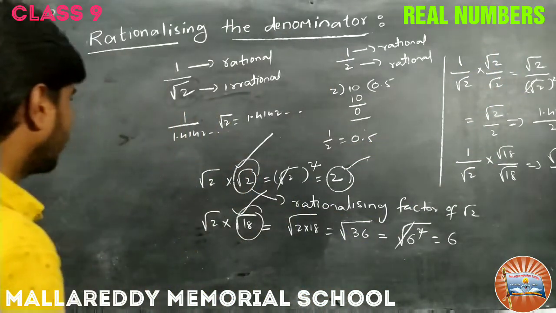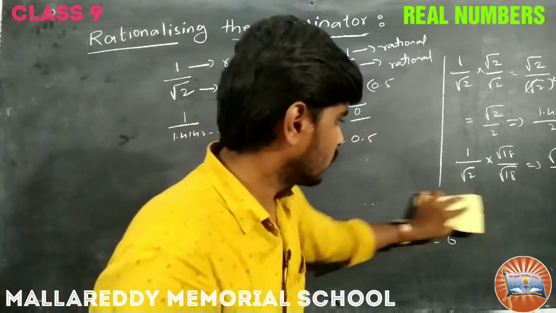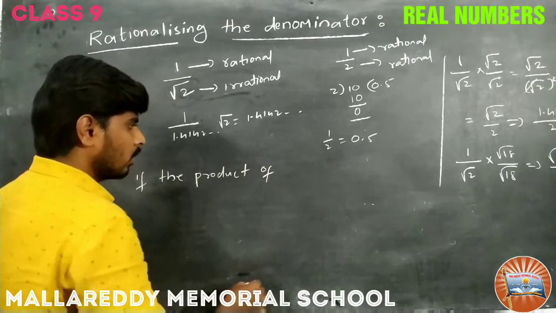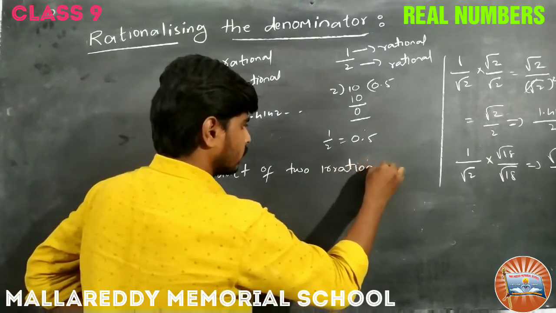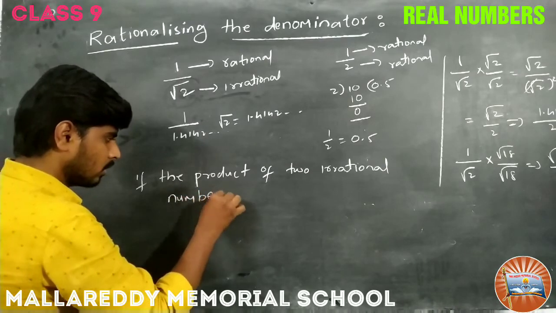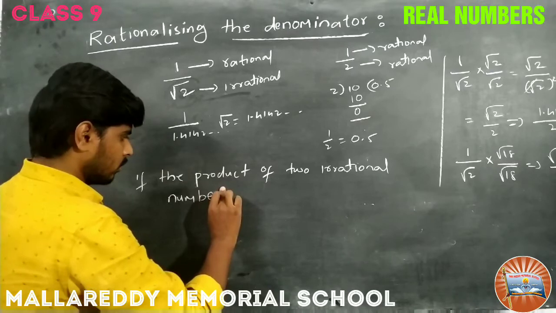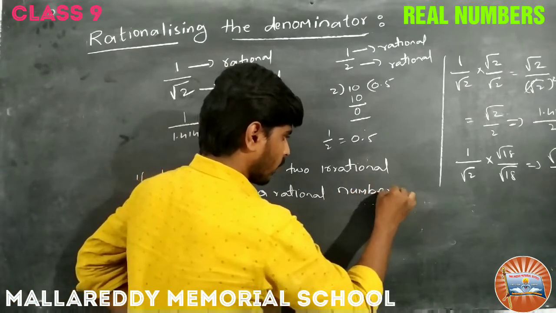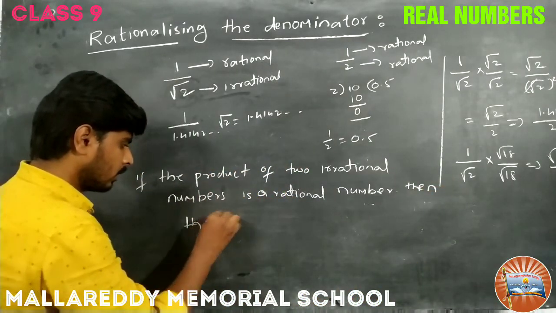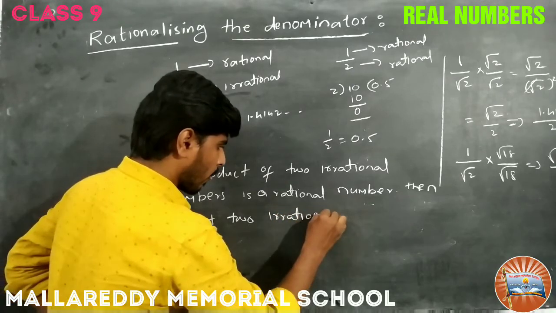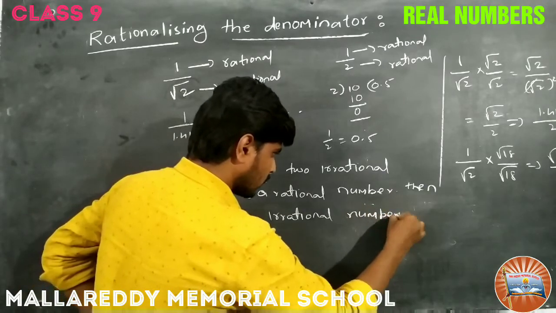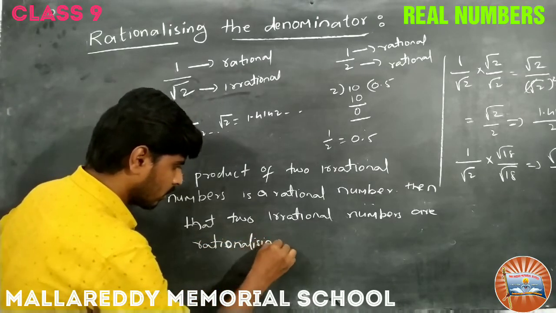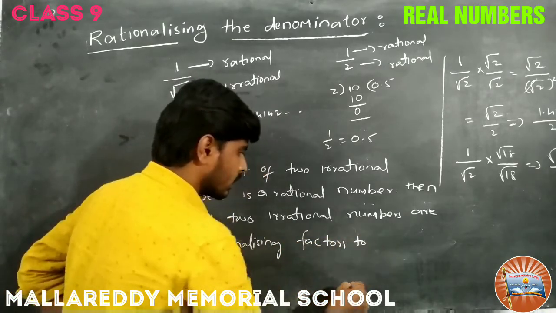Now what can we write for the rationalization factor? If the product of two irrational numbers is a rational number, then those two irrational numbers are rationalizing factors to each other.